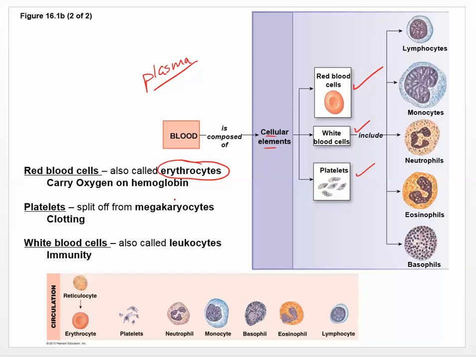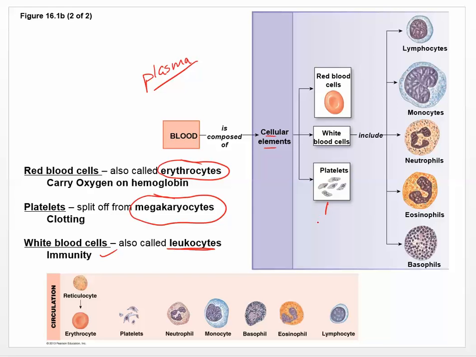And then the platelets split off from a larger cell called a megakaryocyte. I like that name. And then white blood cells are also called leukocytes, and that is involved in immunity. So if we look at this, this is pretty simple.